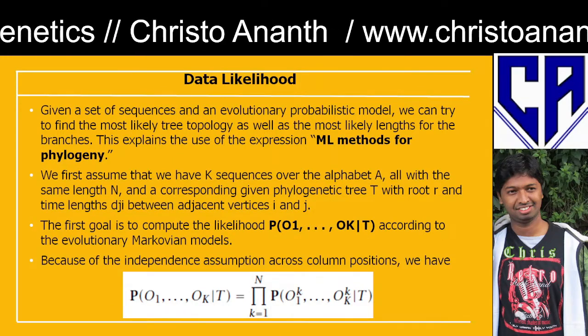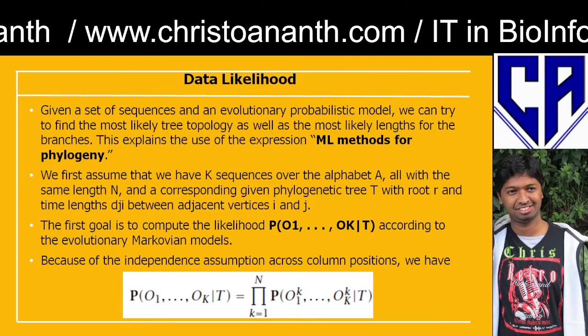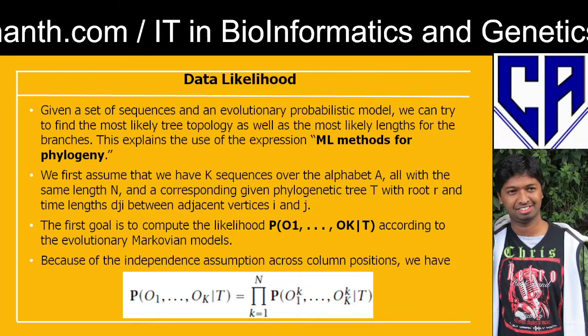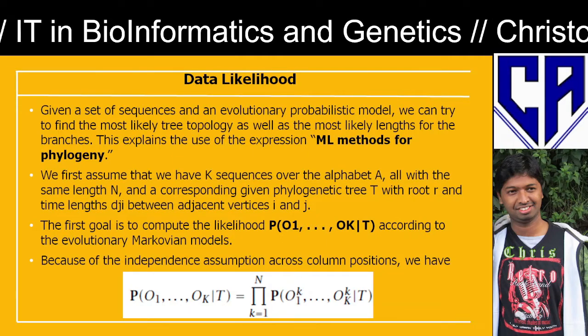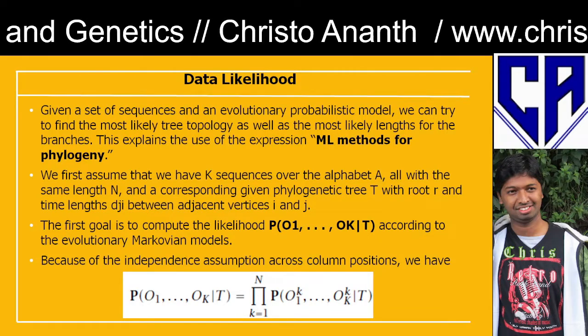So for this we compute the likelihood. You can term it as P of O1, O2, O3 up to Ok given t. You are going to categorize this likelihood according to the Markov model.